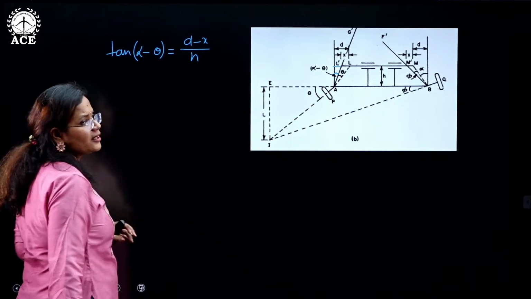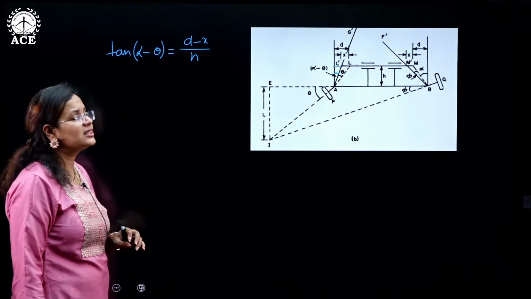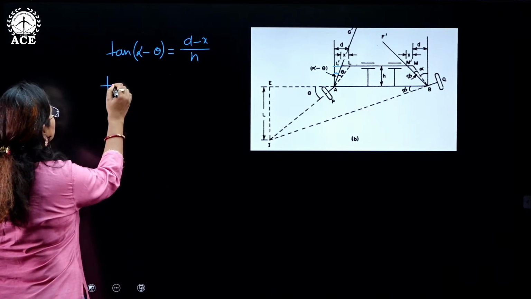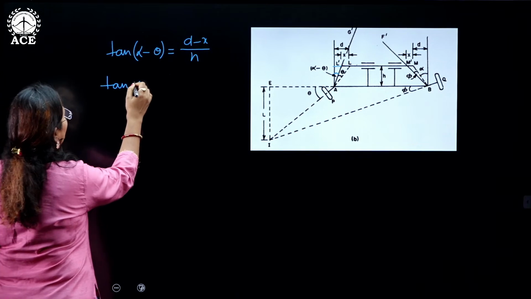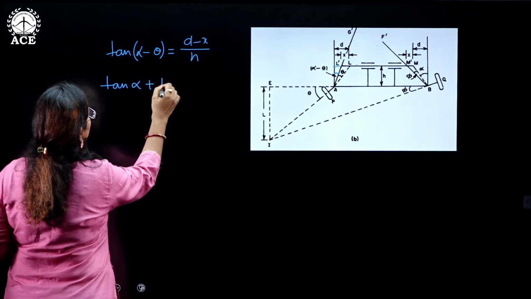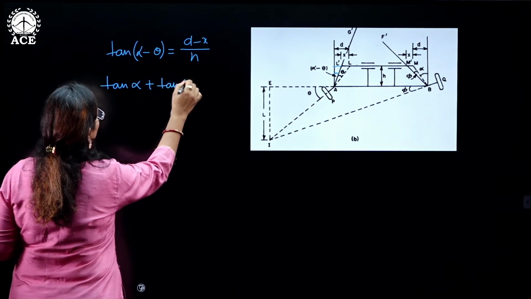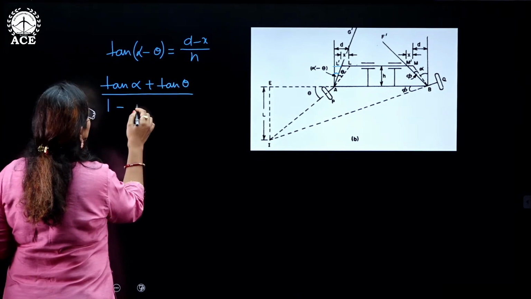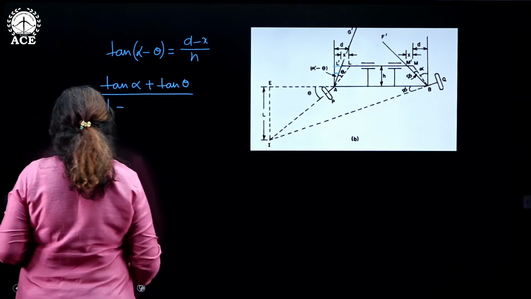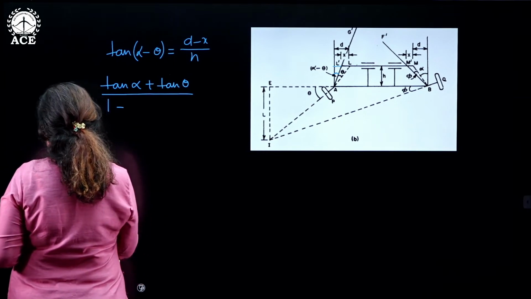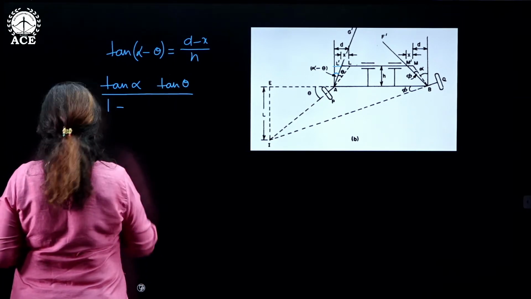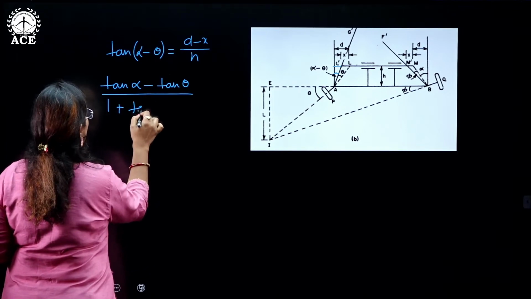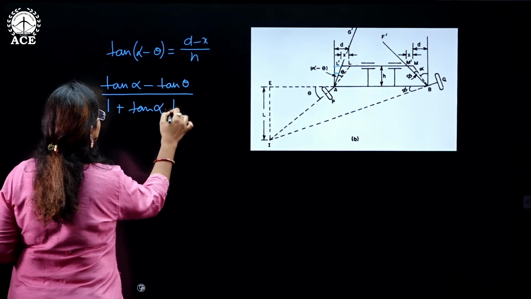Tan A minus B, what is the formula for that? Tan A minus B is tan A minus tan B by 1 plus tan alpha into tan phi.